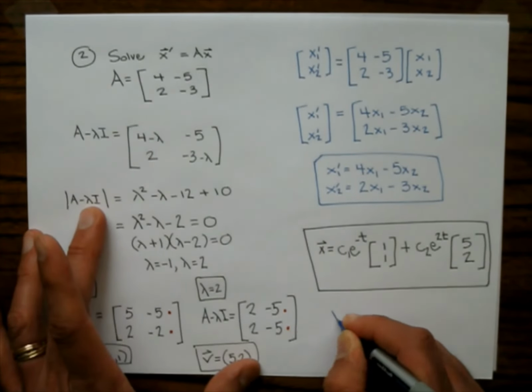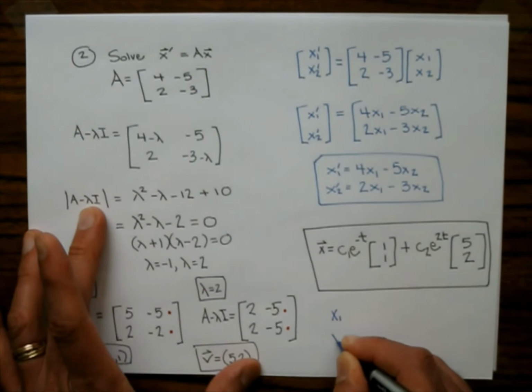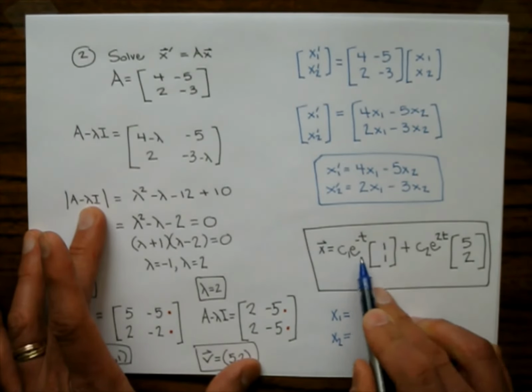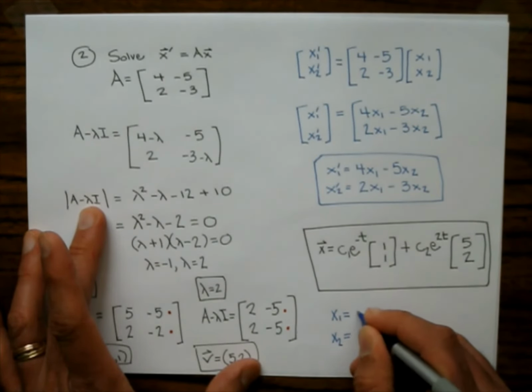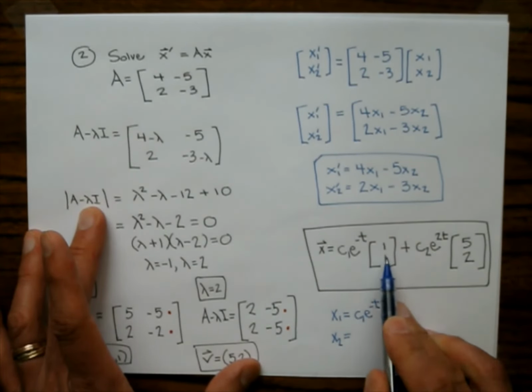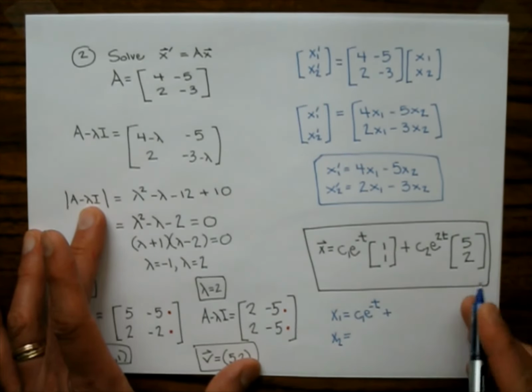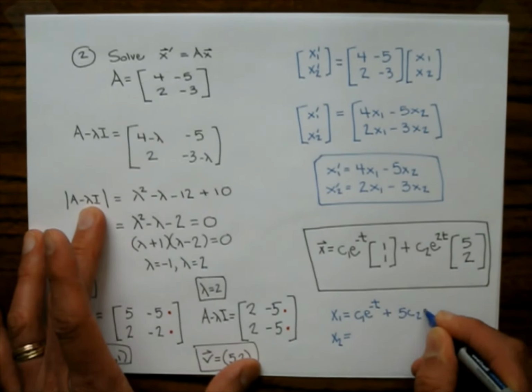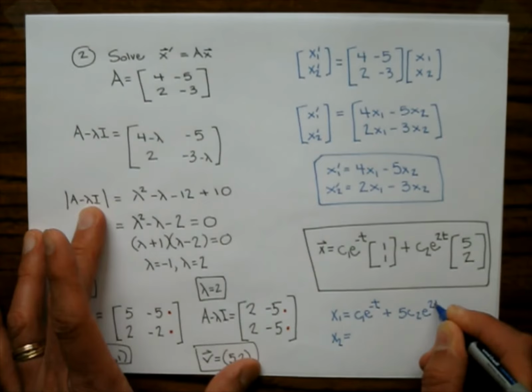And if we write out x1 and x2, I'll write out x1 traveling along the top part. I end up getting c1 e to the negative t, that's the top part, plus, and then there's a 5 there, so I'll put that in front, 5 c2 e to the 2t.